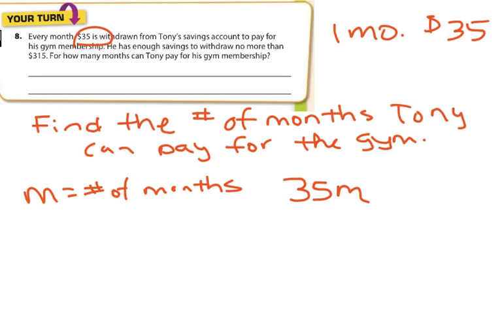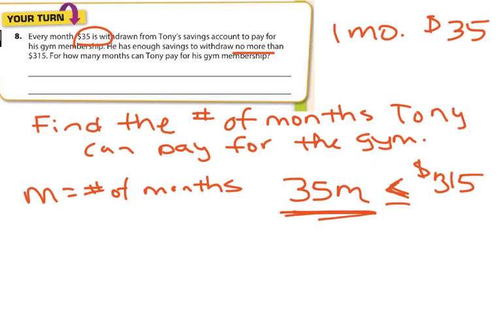So whatever 35M comes out to has to be smaller than the $315 that Tony has, or equal to, because we are allowed to go up to the $315 since it says no more than. Okay, so that has to be the maximum number. That has to be bigger than whatever this multiplies out to be. If not, he goes over.